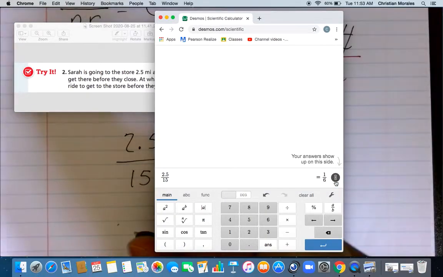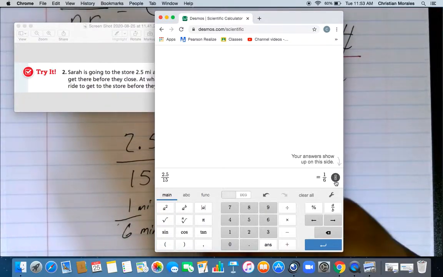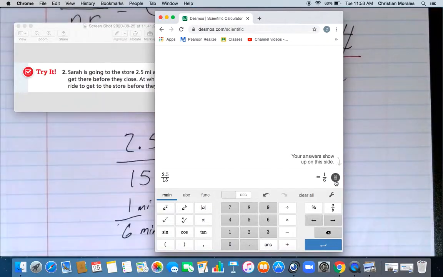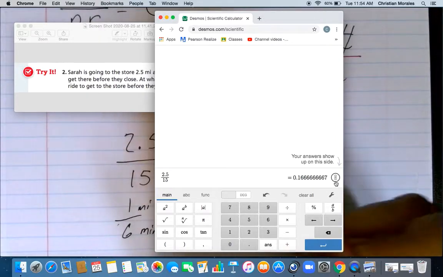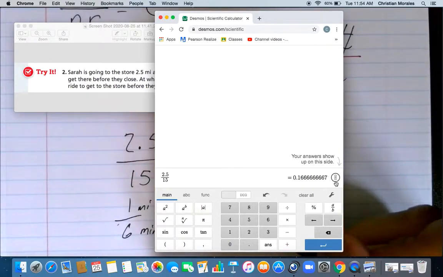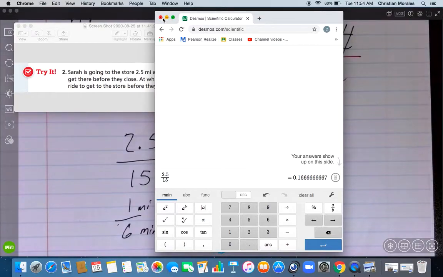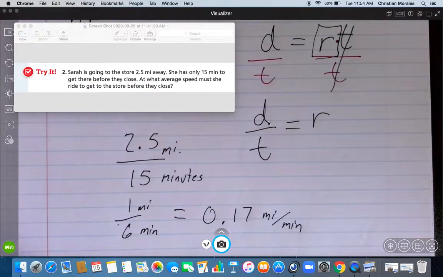So let me write those down. My answer is 1 over 6 miles a minute. Or another way to write it, as a decimal, is 0.17 approximately miles per minute. Okay, so let's explain our answer here.